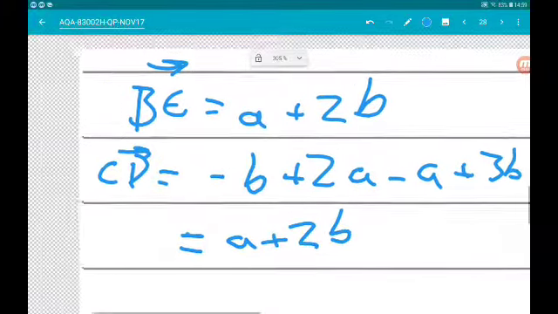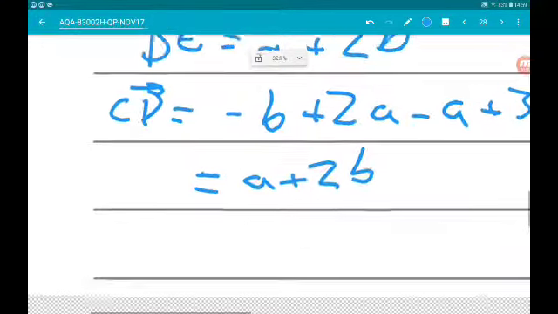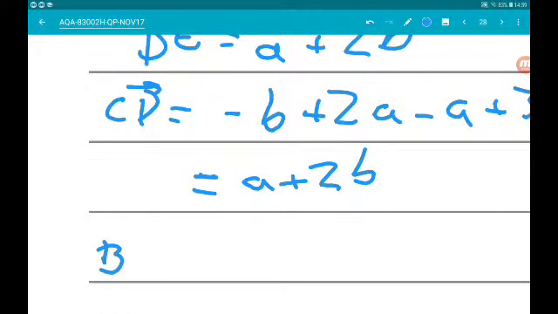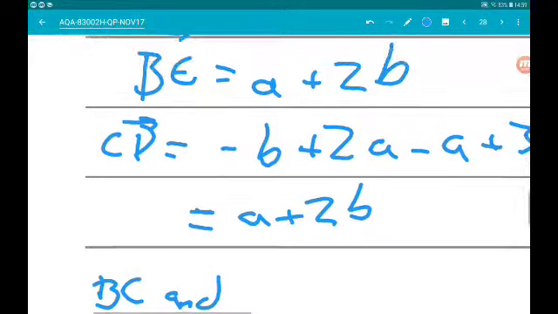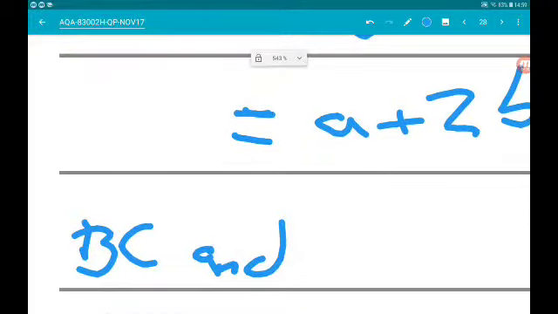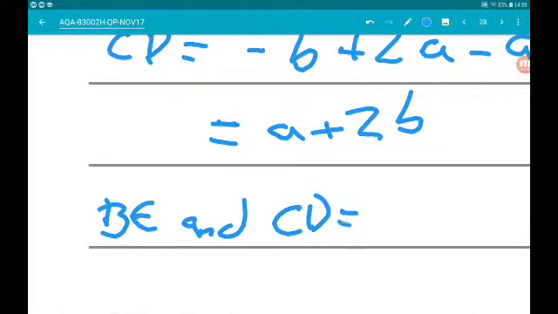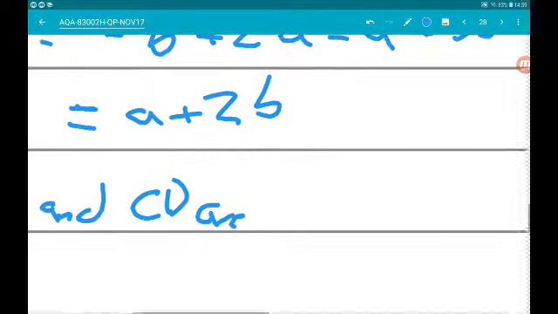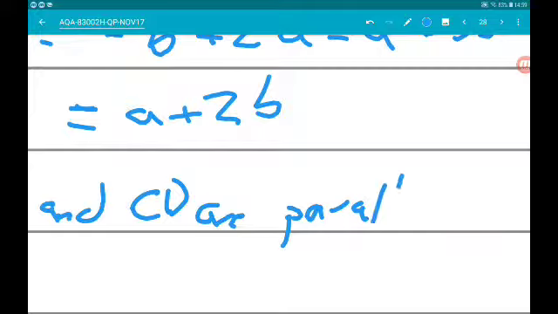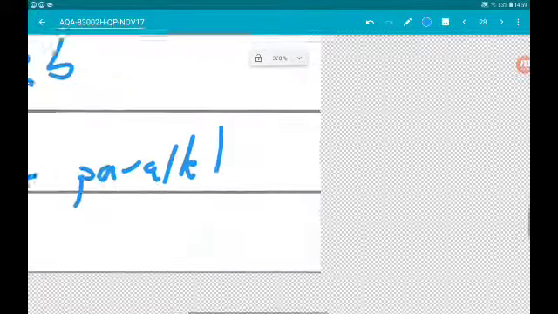So at that point, we can say BE and CD are parallel and equal length because they are exactly the same vector. And same length.